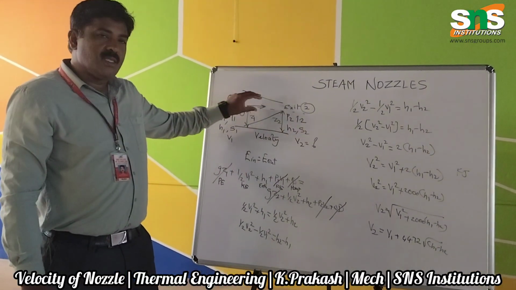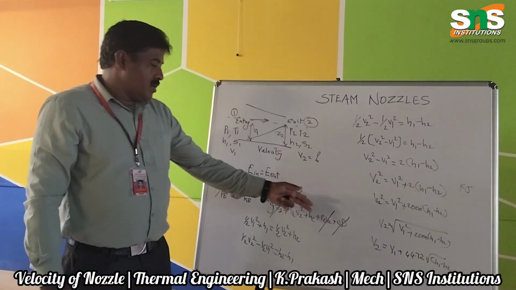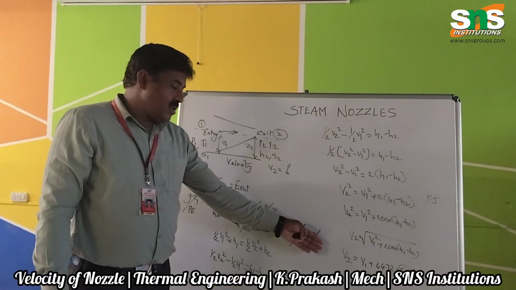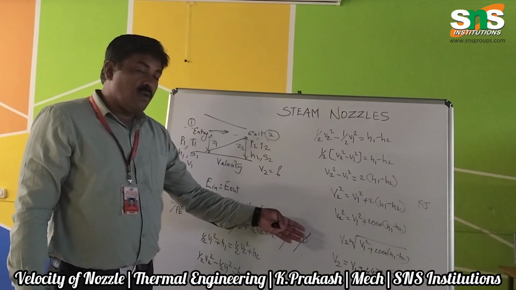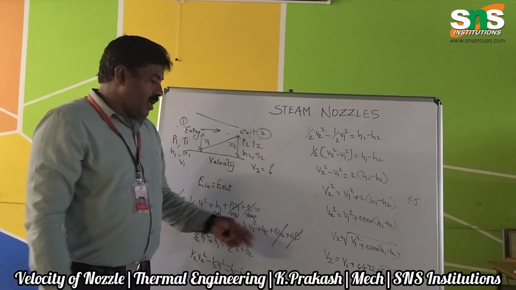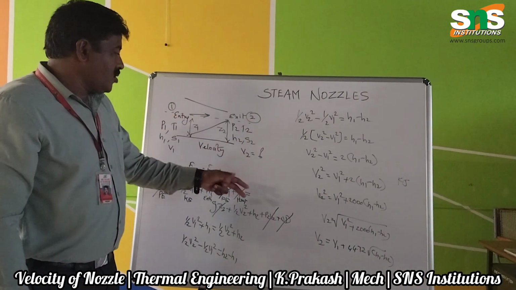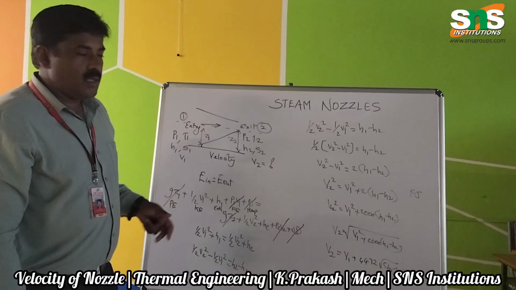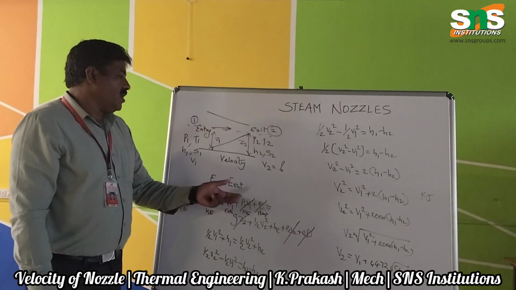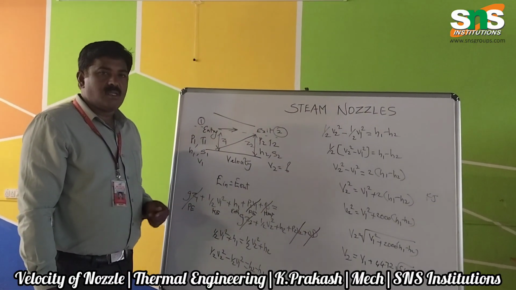To find the exit velocity of a nozzle, this is the equation: exit velocity is equal to inlet velocity plus 44.72 into root of H1 minus H2. H1 is the enthalpy at the inlet, H2 is the enthalpy at the outlet. So this is a small derivation on the exit velocity of the steam nozzle. Thank you.